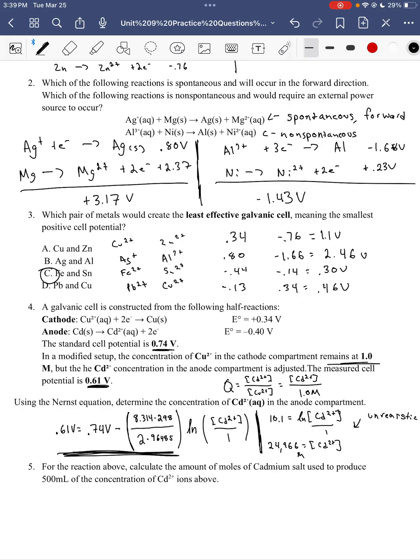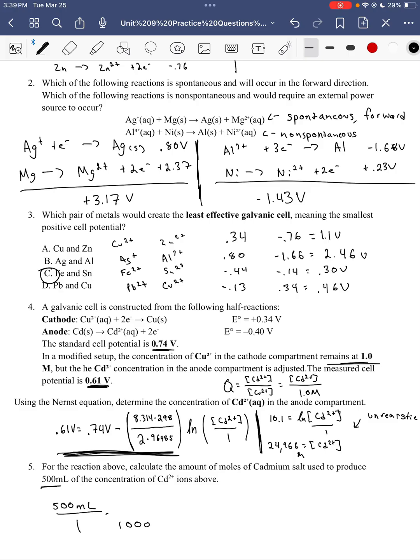The next question: for the reaction above, calculate the amount of moles of cadmium salt used to produce 500 milliliters of the concentration. So basically, how much cadmium did I use? I made 500 milliliters of this solution.